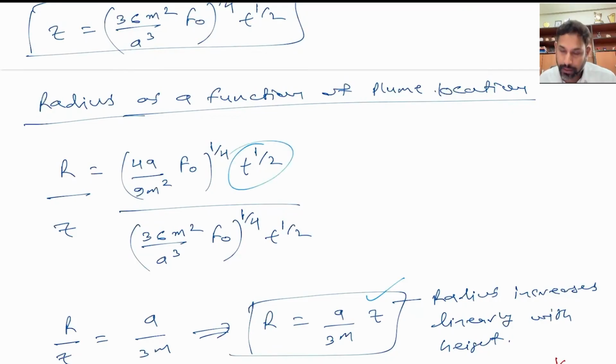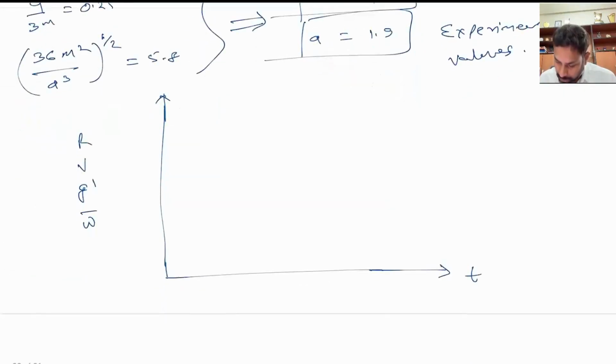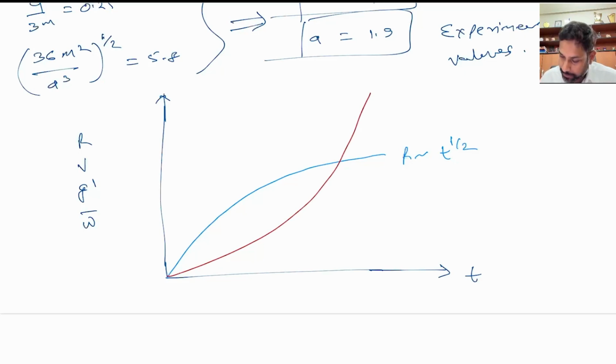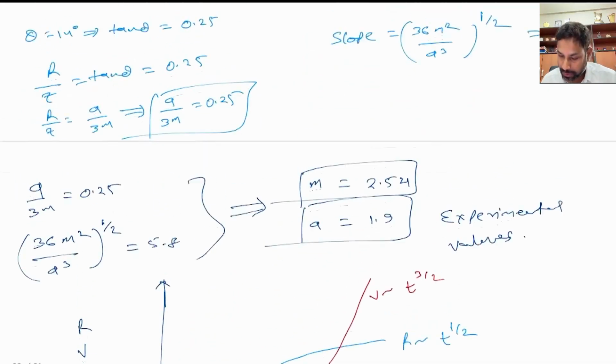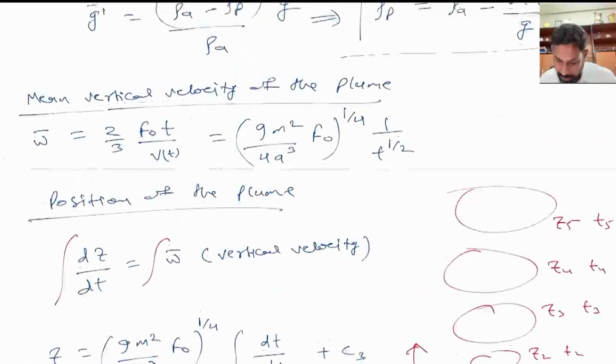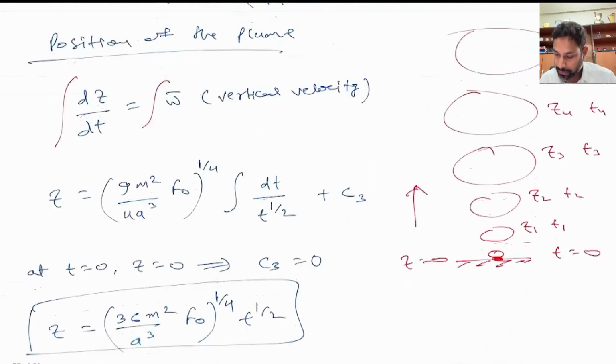So radius increases with square root of time, so it will look something like this. That is r as a function of square root of time, whereas volume, if you remember, increases with t to the power 3 by 2, so that is how your volume will increase. And then we have g prime, which is decreasing with t to the power 3 by 2, and also we have the velocity that is decreasing with square root of time.